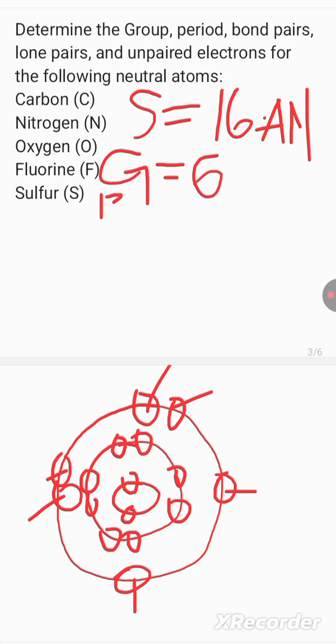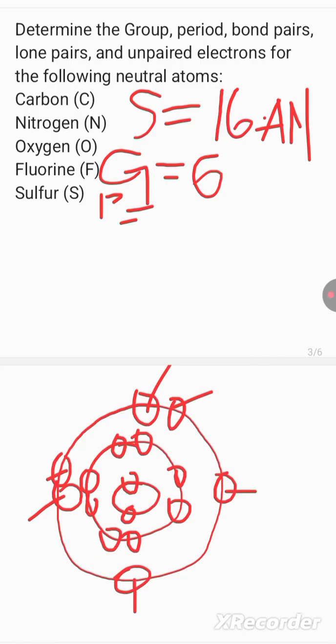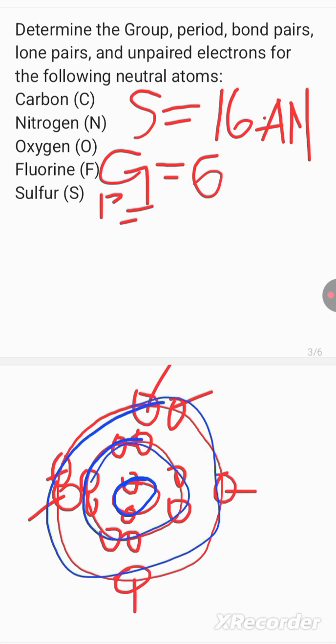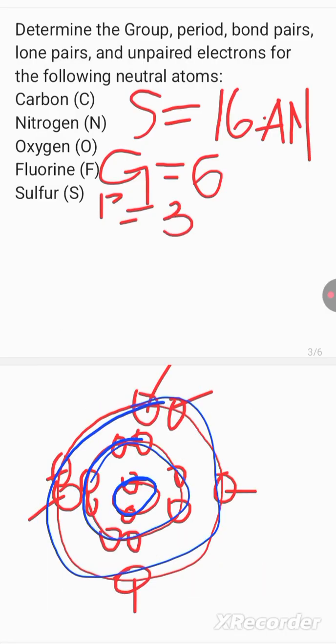So for the period, let's check the period that it belongs to. You count the number of shells now. This is the first shell, the second shell, and the third shell. So it means it belongs to period 3. So the bond pair is for a neutral atom.